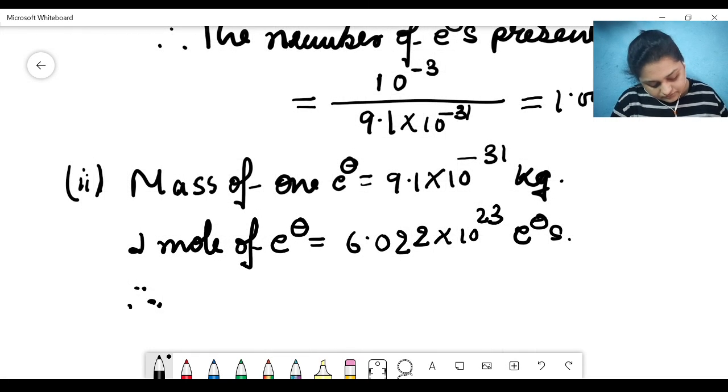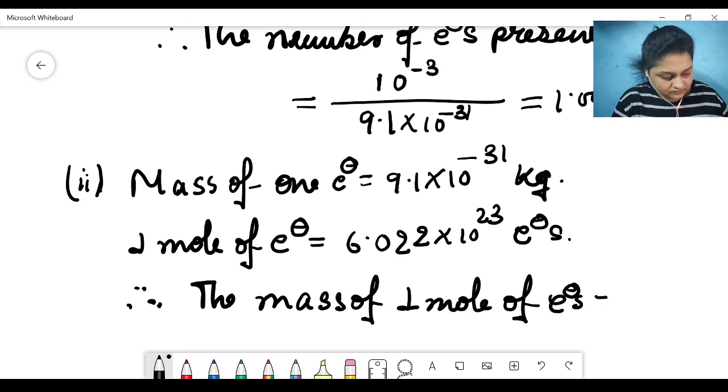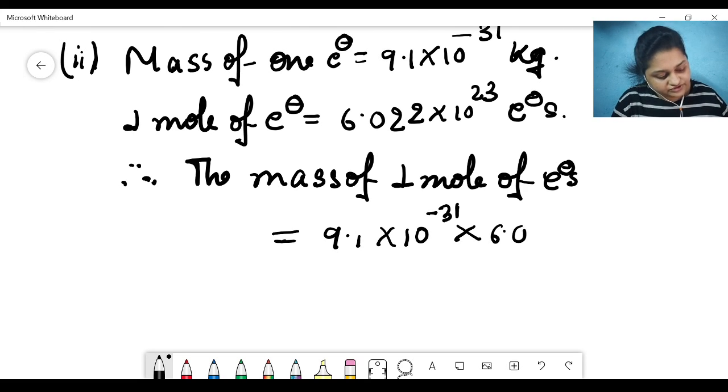Therefore, the mass of 1 mole of electron is 9.1 into 10 to the power minus 31 into 6.022 into 10 to the power 23.